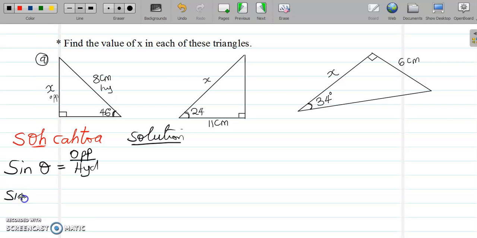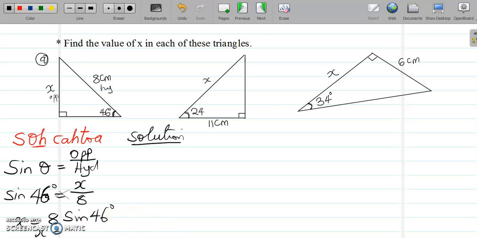I can have sine 46 equals opposite, which is my x, over hypotenuse, which is 8. So we can solve our simple simplification here. Cross multiply. We have that x is 8 sine 46 degrees. We have done this before in our previous lesson.